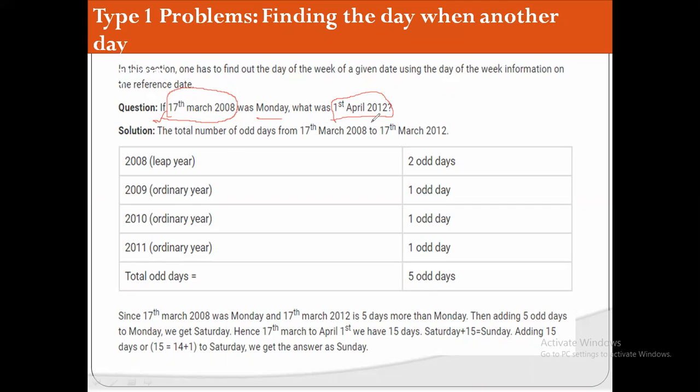For this, first of all we have to calculate from 17th March 2008 to 17th March 2012. Up to how many days are there in these years? Because these are complete years, how many odd days are there?